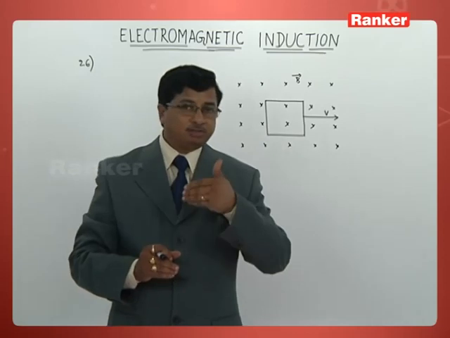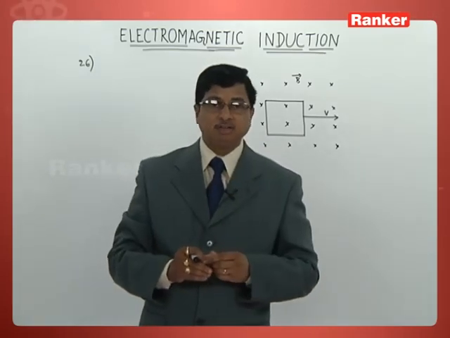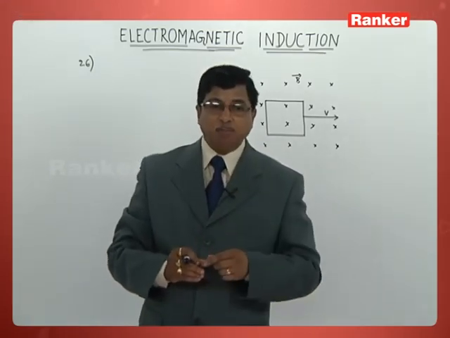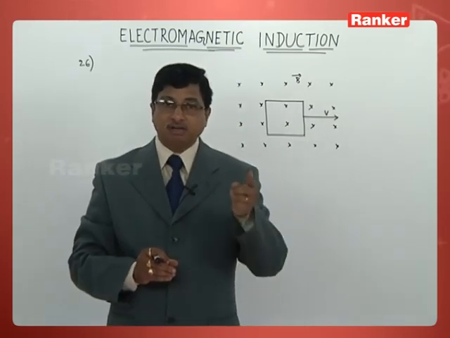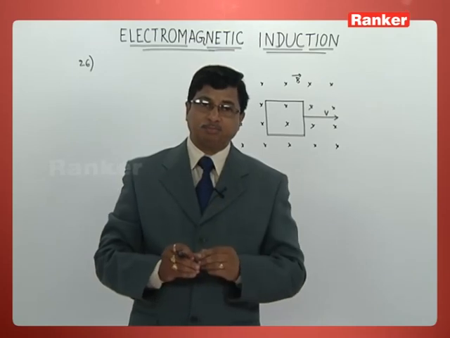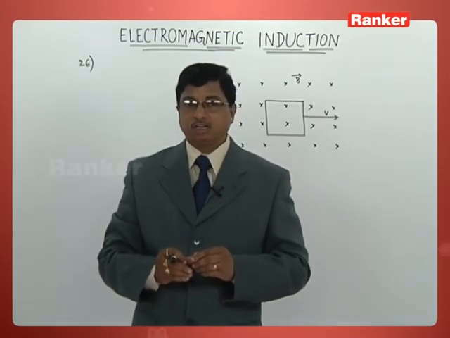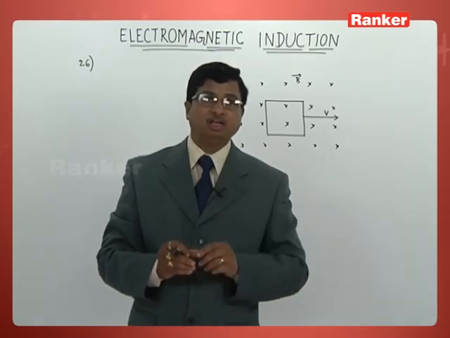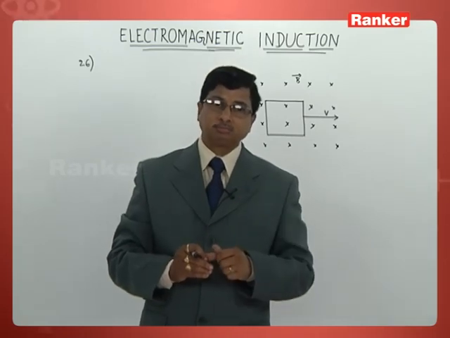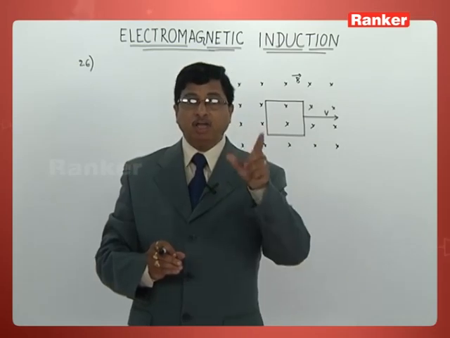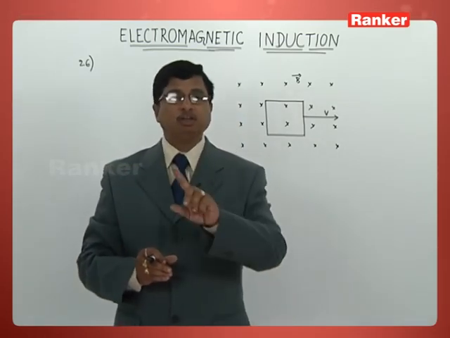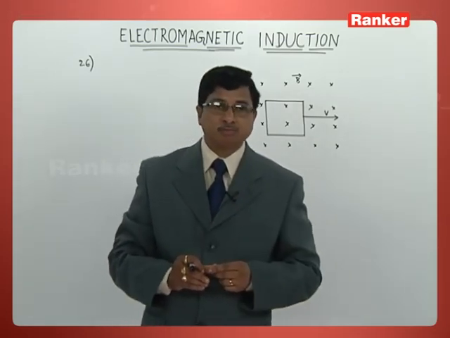So what we should understand in this question is, he is telling magnetic induction B constant in time and space. That means it is not at all varying with respect to time. Unless the magnetic field is a varying field, we never get induced EMF.